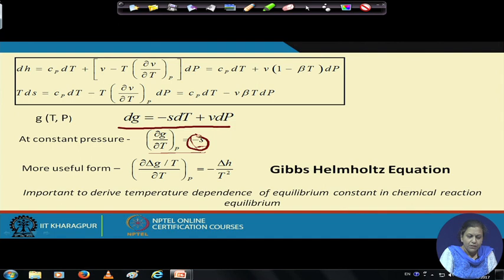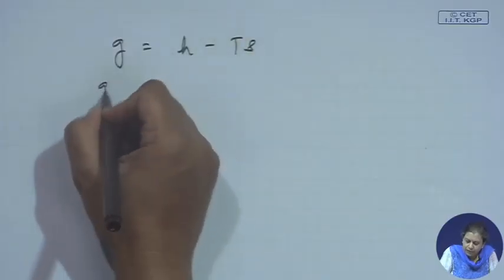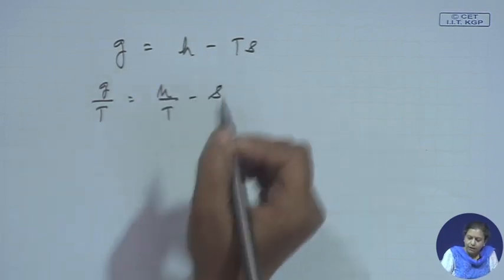Therefore a more convenient relationship will be to express Gibbs free energy in terms of measurable parameters. For that we use G equals H minus TS, which can otherwise be written as G by T equals H by T minus S.